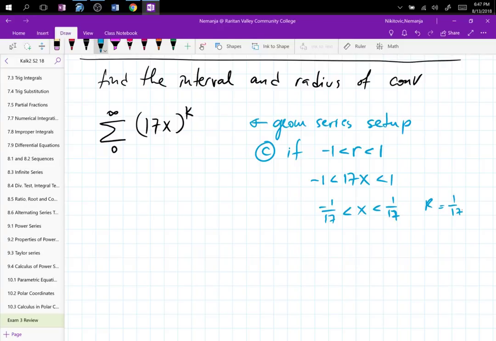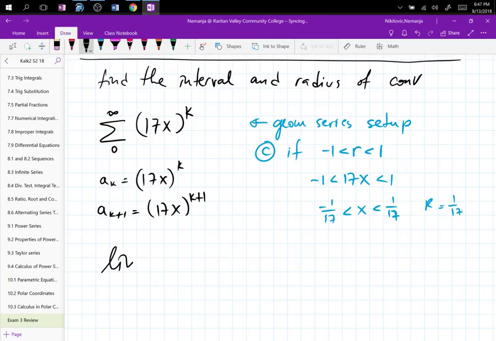Now, our standard way to deal with this is to actually do the ratio test. So for ratio test, we have that our ak is 17x to the k, and our ak plus 1 is 17x to the k plus 1. So now we are going to do the limit as k goes to infinity. Absolute value is absolutely important.